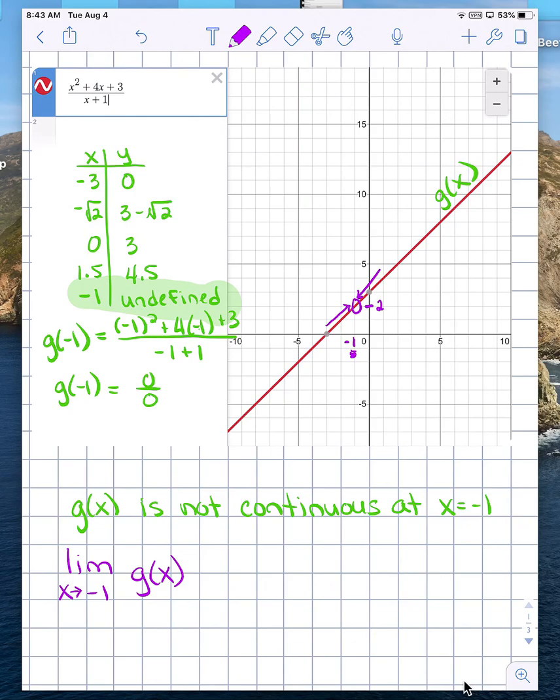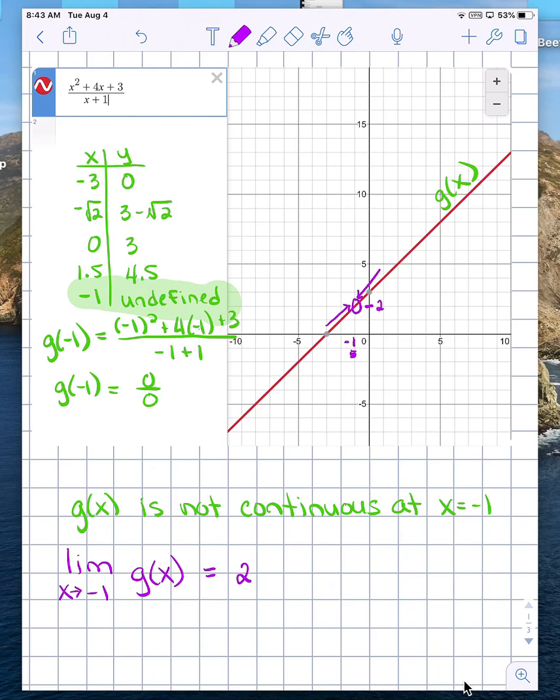And that kind of makes sense. Remember, we said this is just like the graph x plus 3. Well, -1 plus 3 is 2. So the function is getting closer and closer to a y value of 2.